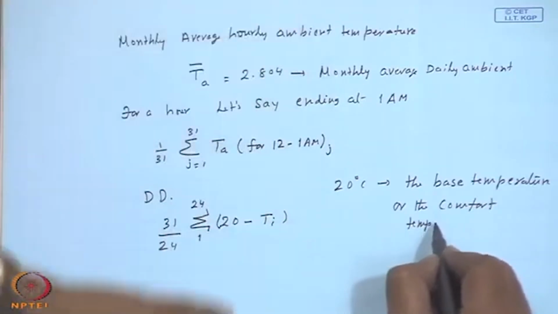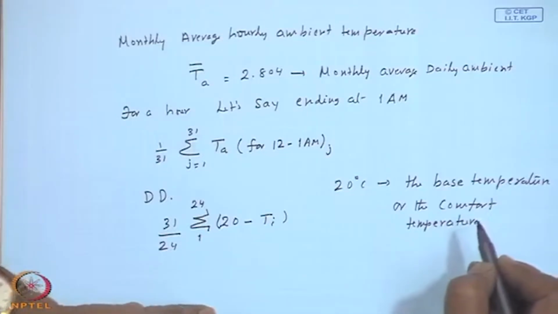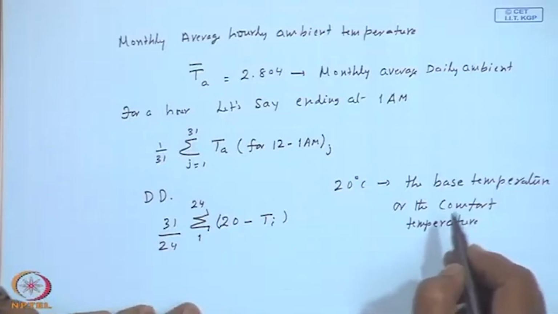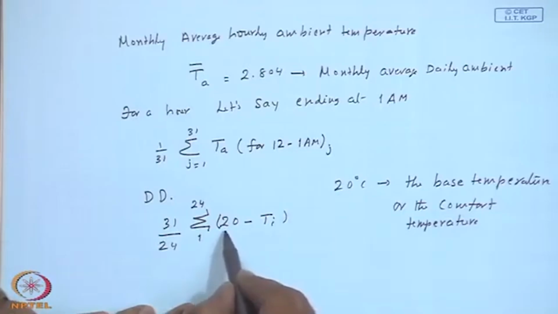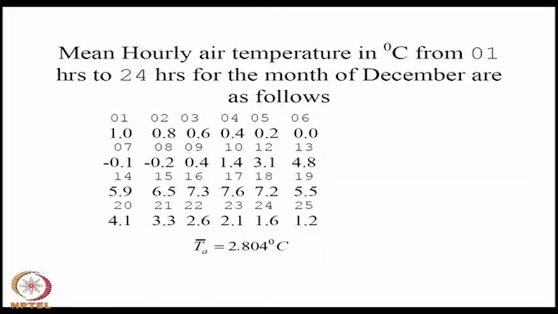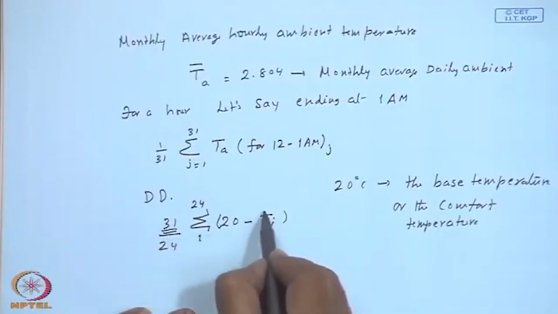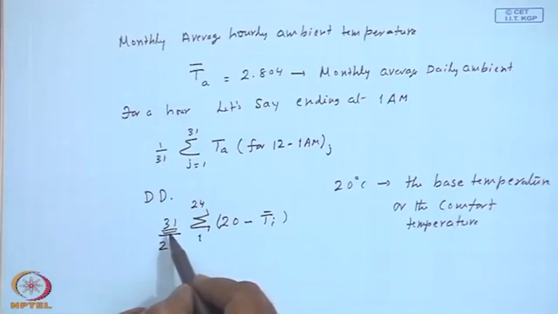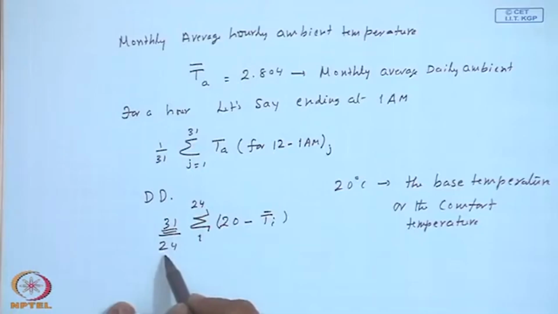It could be 18.7, many people use 18.7, assuming that there will be internal heat generation due to lighting, cooking, etcetera. However, I just used 20, a round number, and this T I changes 1 to 24 hours on each day. Since I already have a monthly average value, I multiply by 31, so that will give me the total days, but this is done for 24 hours, so I should divide by 24.